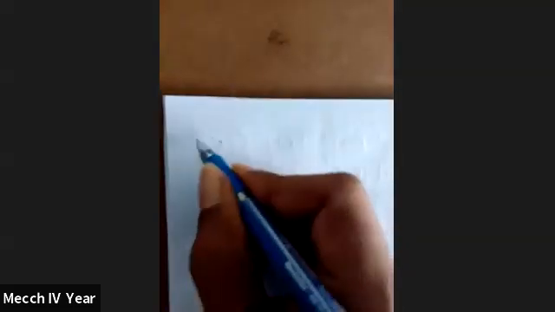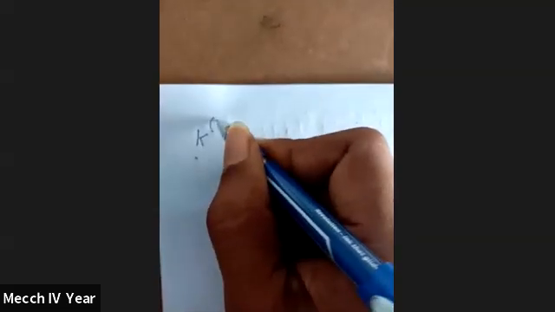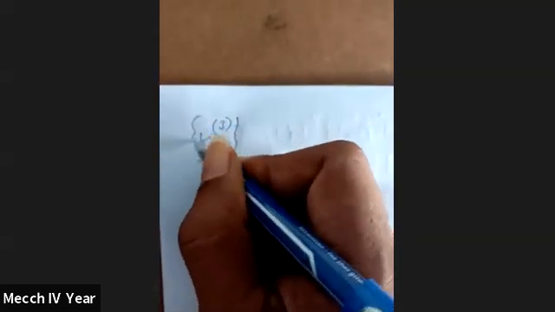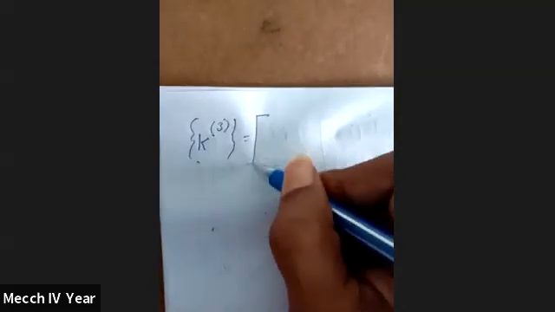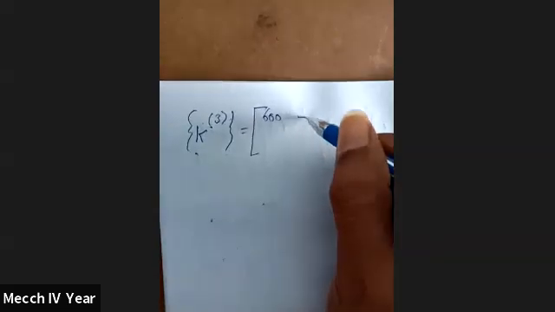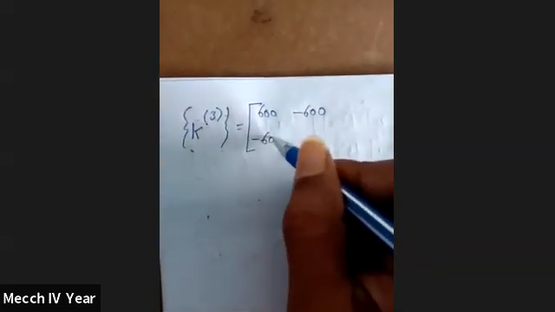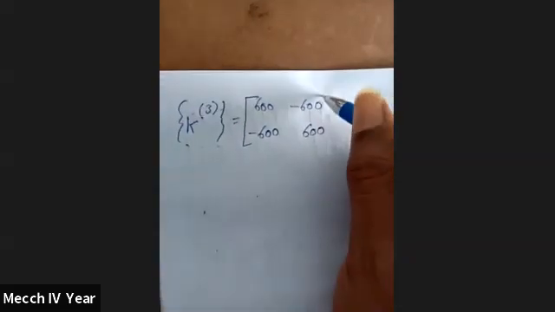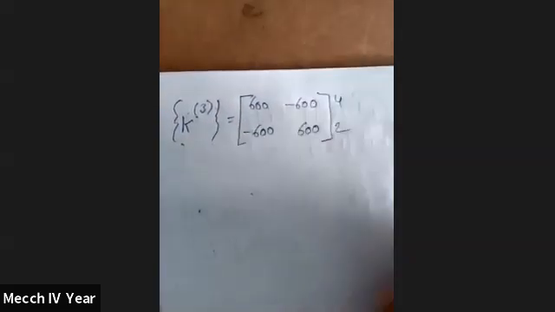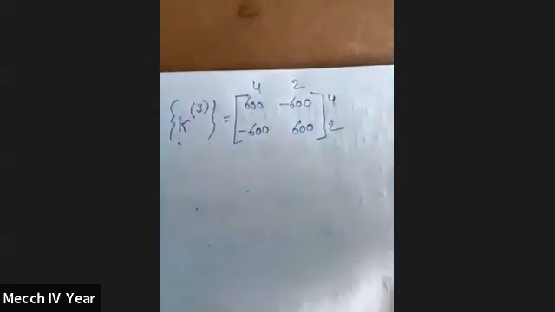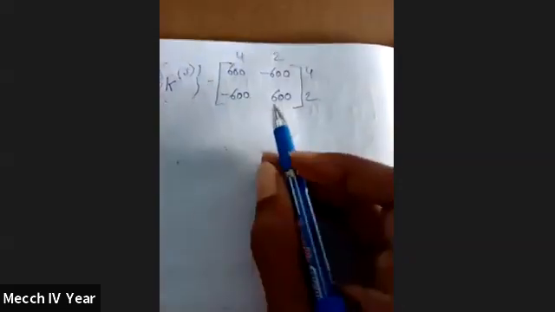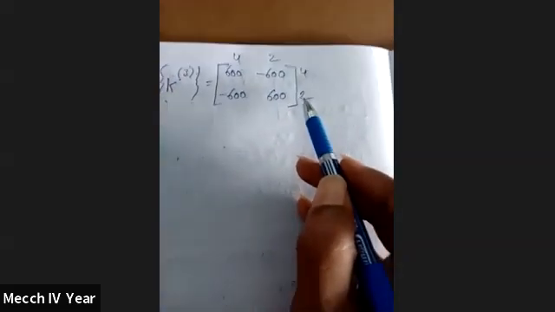Given K3 is equal to 600 Newton per mm, I write 600, minus 600, minus 600, 600, with 4, 2 here and also 4, 2 there. The numbers above the columns and next to each row indicate the node's degree of freedom. This is called the degree of freedom associated with each element.